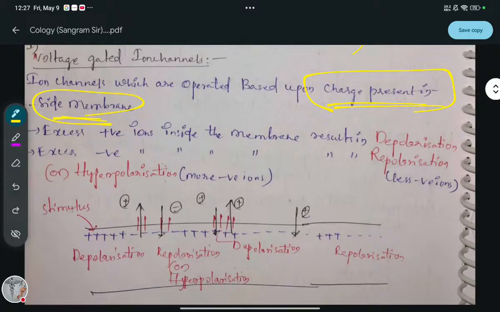So action potential, hyperpolarization, depolarization, repolarization, resting membrane potential, these are all different types of potentials. Potential means a set of charge.